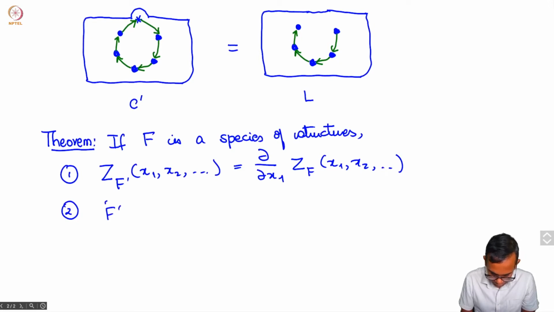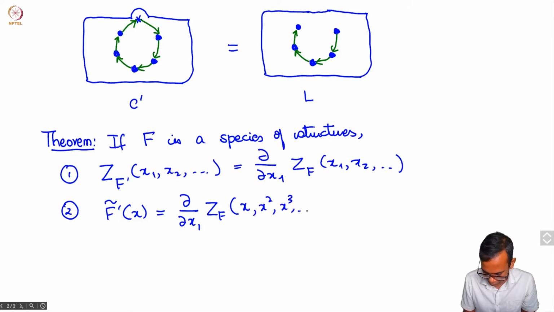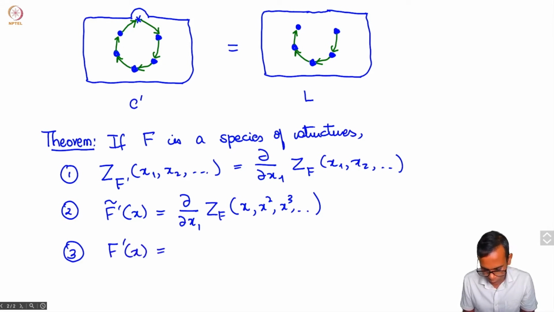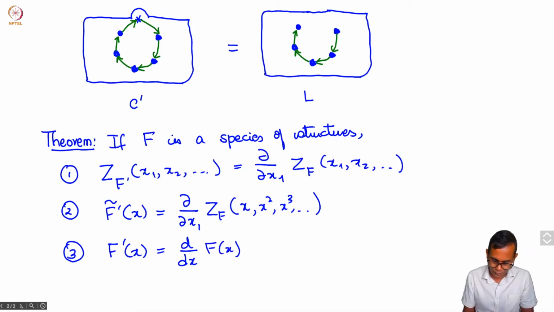The type generating function of f prime is just given by, well, we can just get it from here. It's del x1 Z_F, but then you have to substitute x squared, x cubed, and so on. So it's not much of a simplification, but what's really beautiful is for the exponential generating function, f prime of x is, well, it's just the derivative of f of x, and that's quite clear from 1.